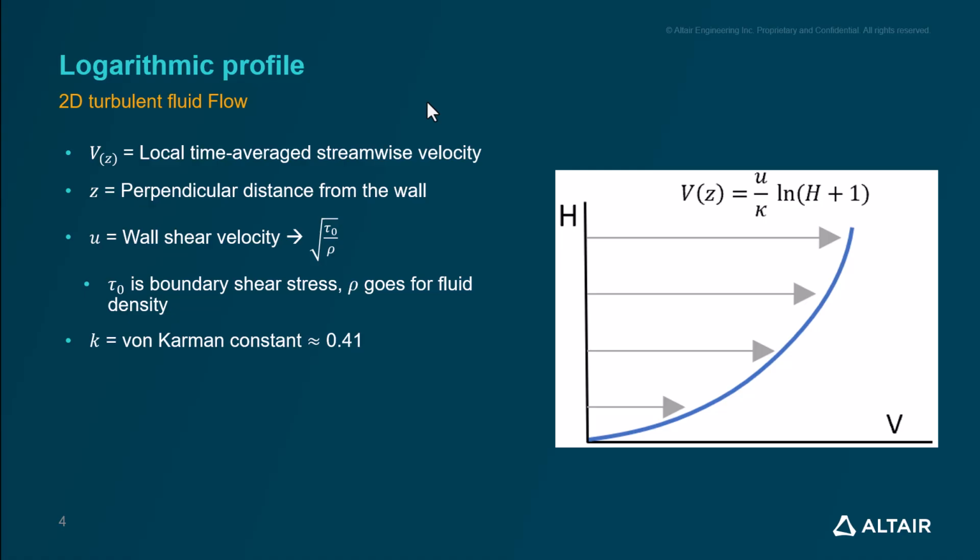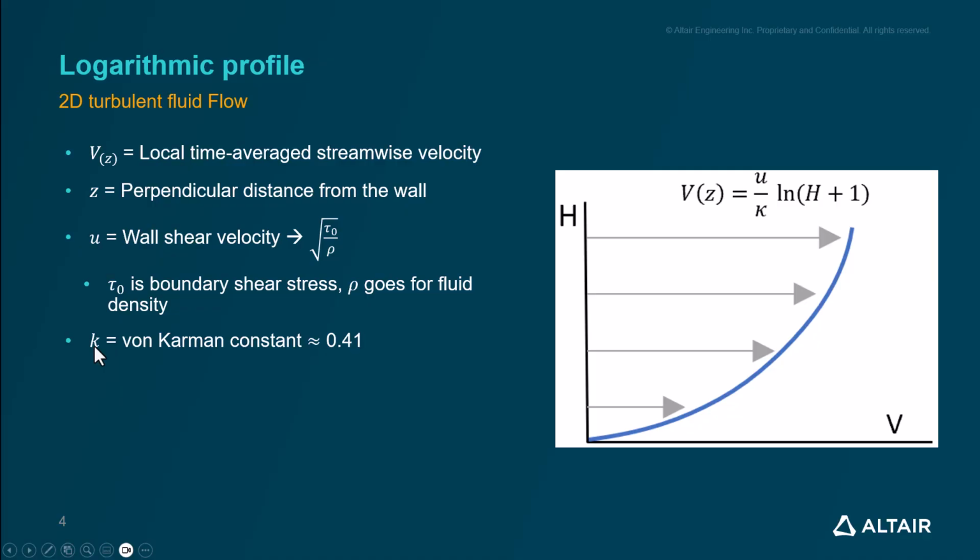The first being V(z), for the local time-average streamwise velocity. We have z being the perpendicular distance from the wall. And then we have the wall shear velocity, that is defined by this short equation. And for the equation, we have that tau 0 is the boundary shear stress, while rho goes for fluid density.